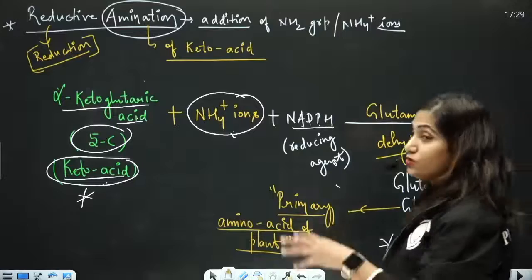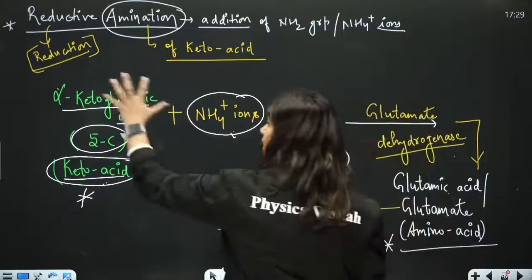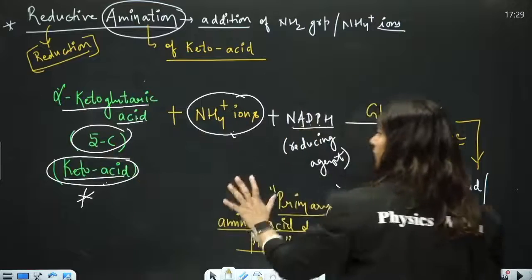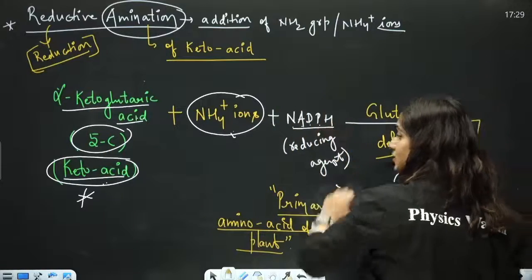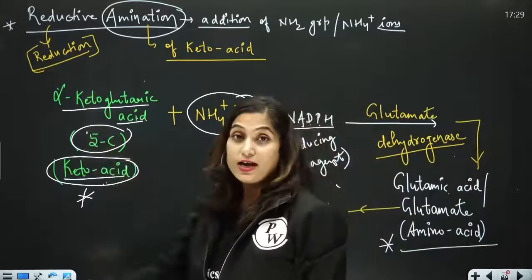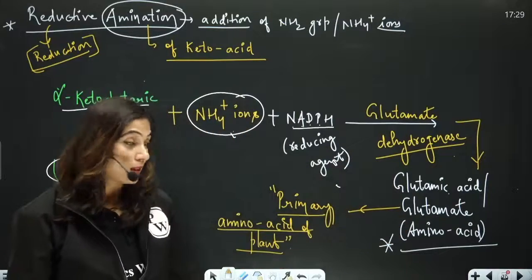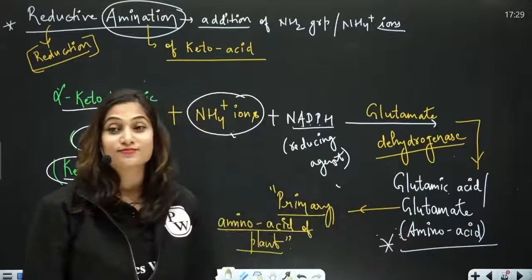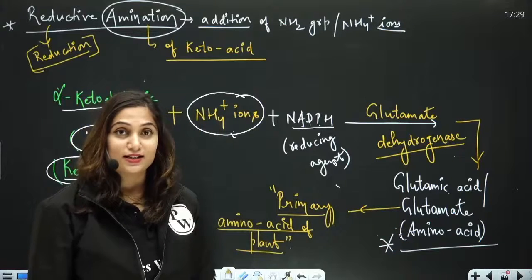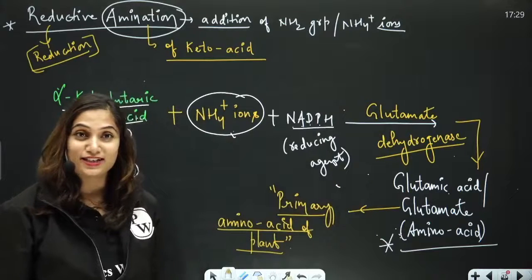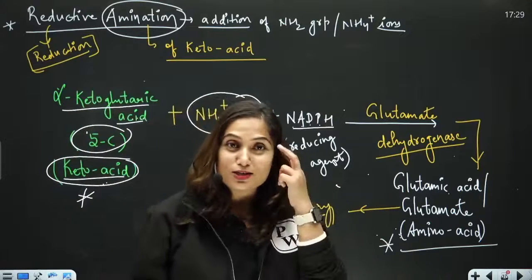So as soon as we add ammonium ions to the keto acid in the presence of a reducing agent, this keto acid gets converted into amino acid. That is glutamic acid. And the enzyme used here is glutamate dehydrogenase. See, the plant is so clever.